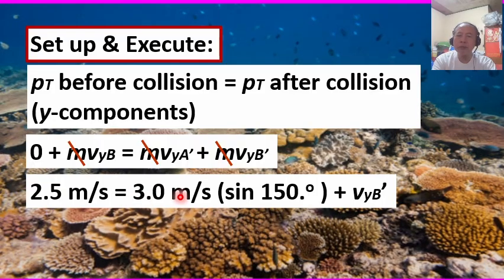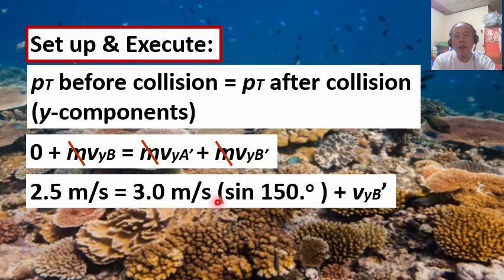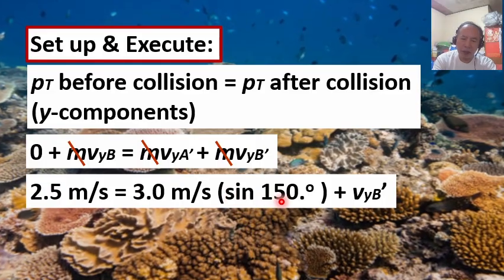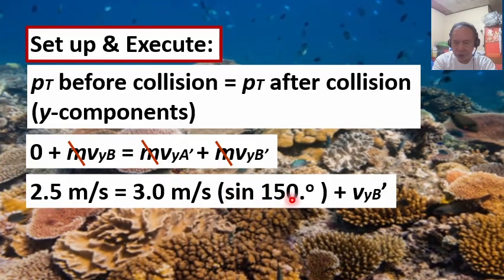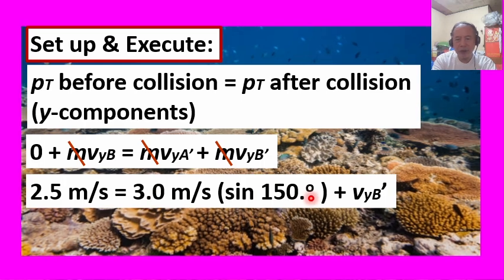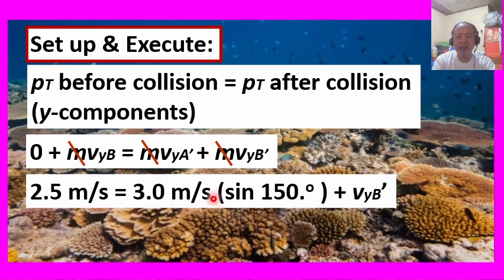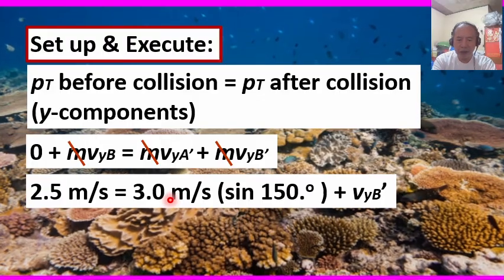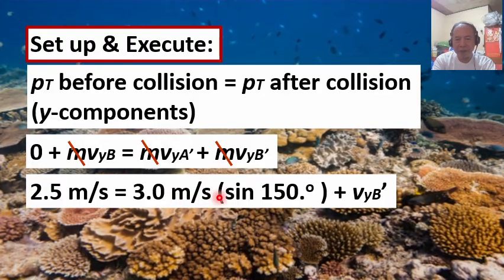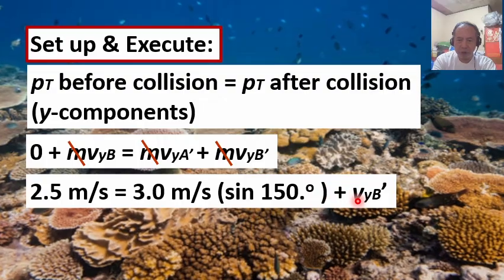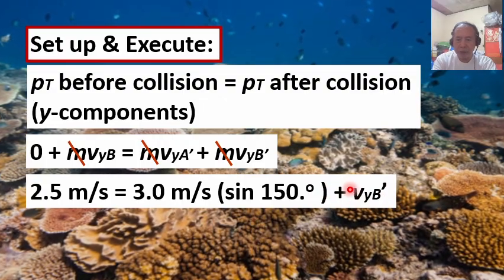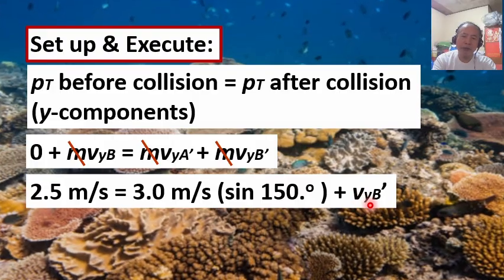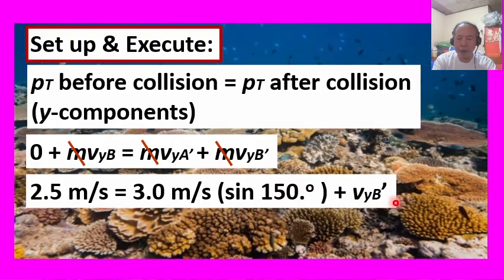So that's equal to 3.0 meters per second times sine of the angle 150 degrees, right? So this term represents the y component of the final velocity of particle A after the collision. Of course, v sub y b prime represents the unknown y component of the final velocity just after the collision of particle B.